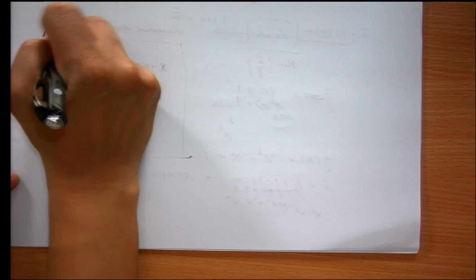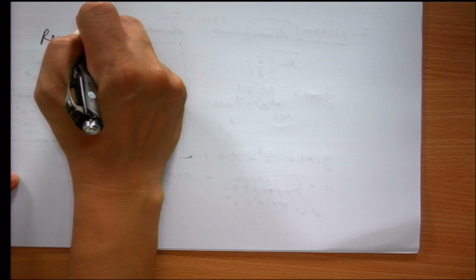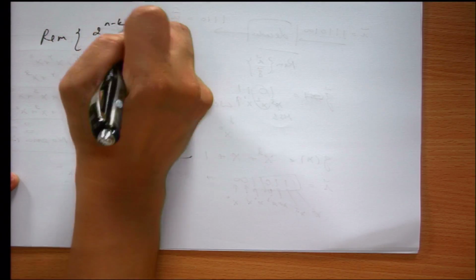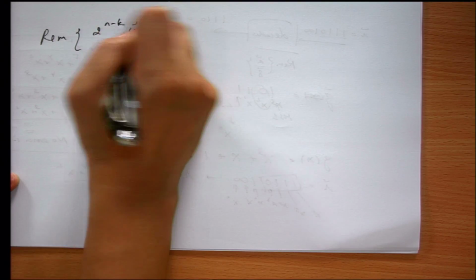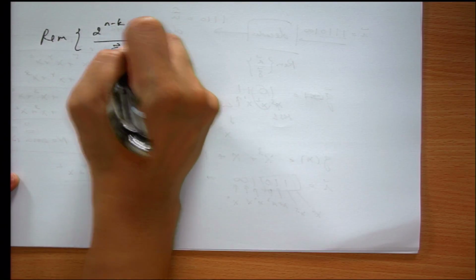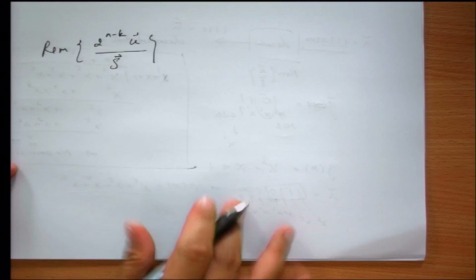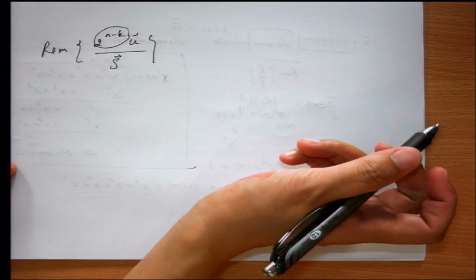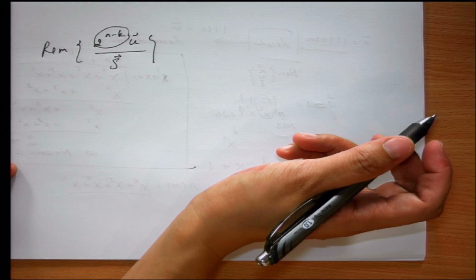We want encoding, we want to find the remainder. You want to shift this n minus k bits first before you divide.